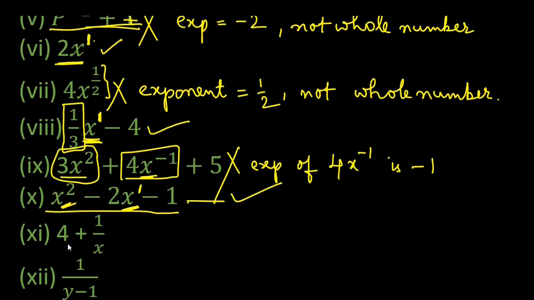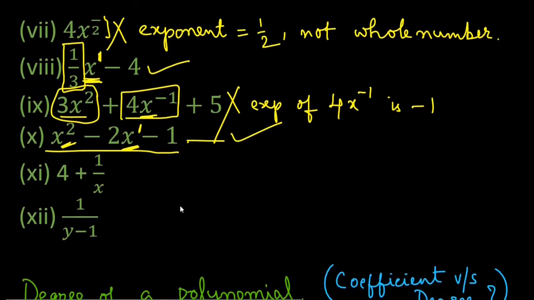And here, 4 plus 1 by x is given. In all the above also, for all constant terms, constant term 4 means 4 into x power 0, where x power 0 is 1.